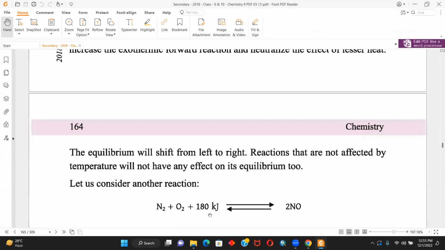But I would suggest that you take the heat to the right side, otherwise you might get confused. And convert it to delta H. Convert it to delta H, it will make your understanding a lot easier.